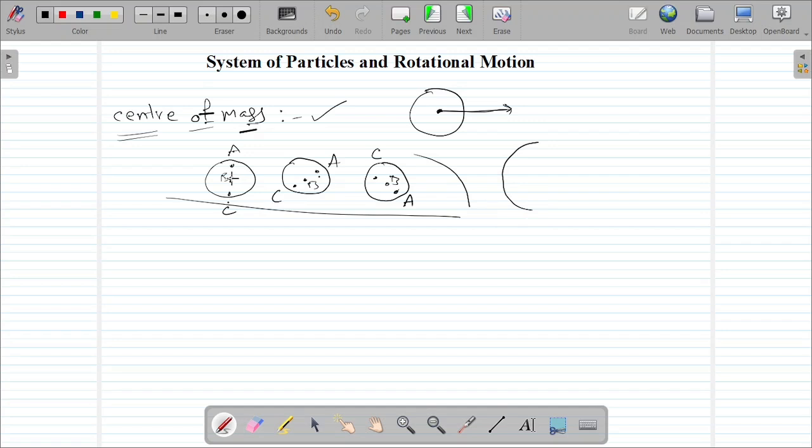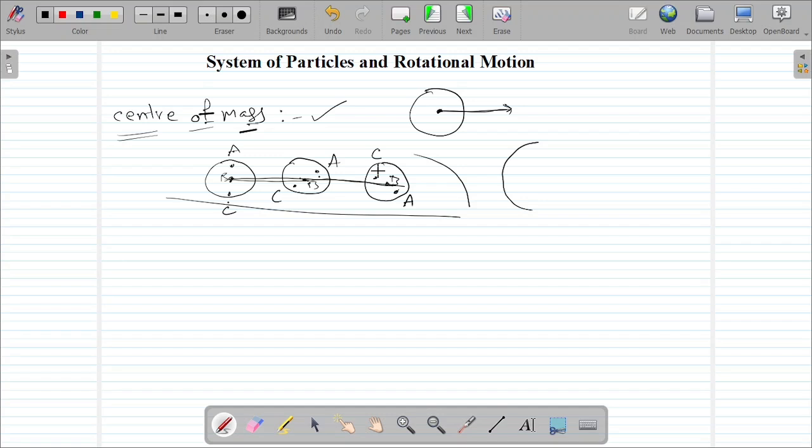But see the point B, where is that point? It stays at the center only. There is no change in its position, so its motion is pure rotation on its axis. The center of mass is at the center, and it is traveling in a straight line.